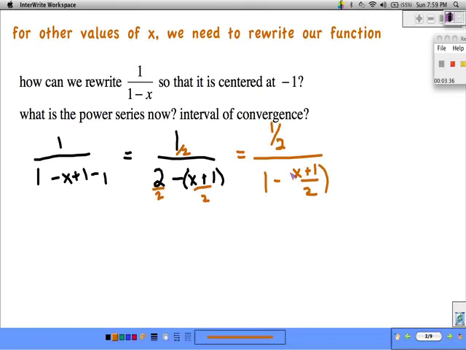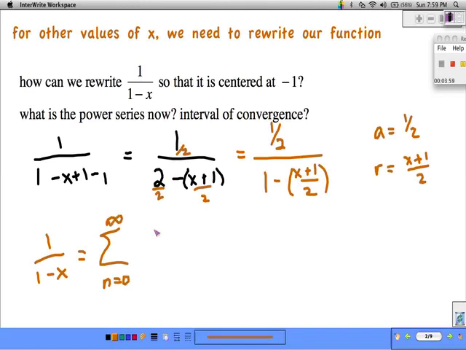Now the first term is 1/2, and the common ratio is x plus 1 over 2. So 1 over 1 minus x can be written as the sum from n equals 0 to infinity of 1/2 times x plus 1 over 2 to the n.